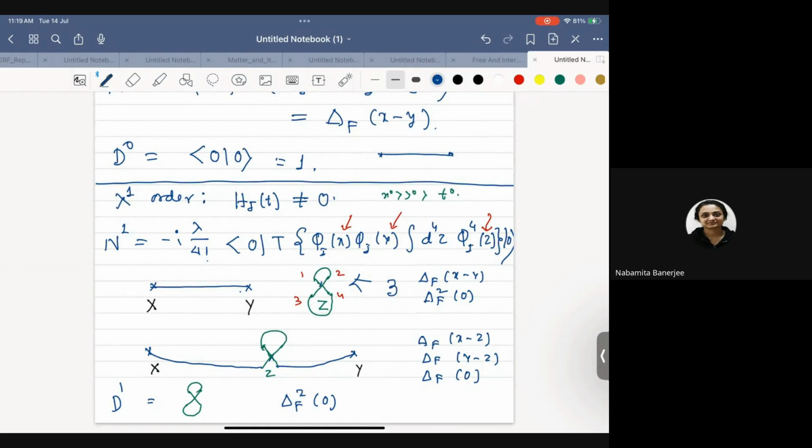So far as the diagram and hence the integrals are considered, you don't see any difference if I would have contracted it in any of the other 2 ways. So the result must be multiplied by a factor of 3. This is called combinatorial factors, and you have to take care of that when you are doing QFT.